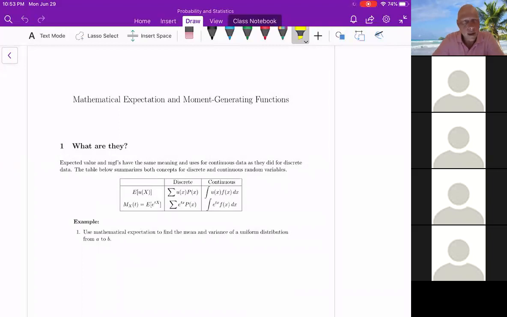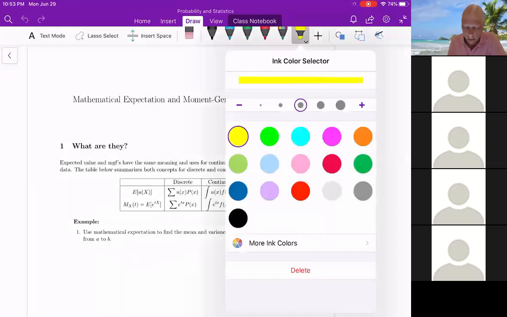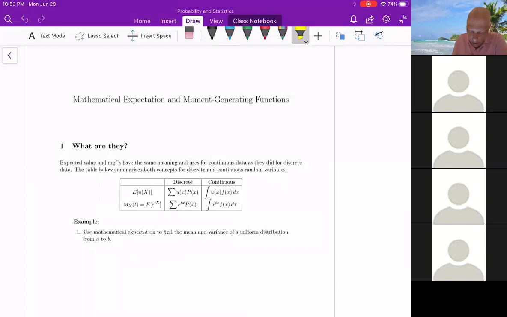So if you want the expected value of some function u, in the discrete case, you would sum every u times p product. In the continuous case, you will get the area under the curve of u times f. If you want the MGF, which is still the expected value of e to the tx, so I'm looking in this box here, in the discrete case, you summed up every product of e to the tx times p.